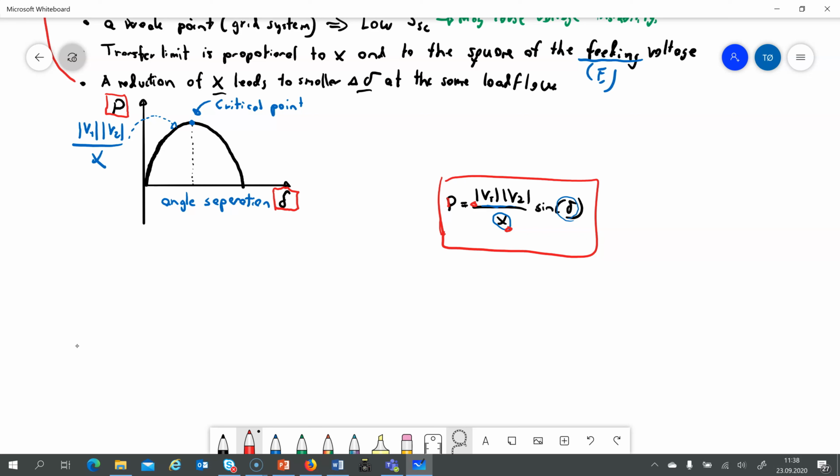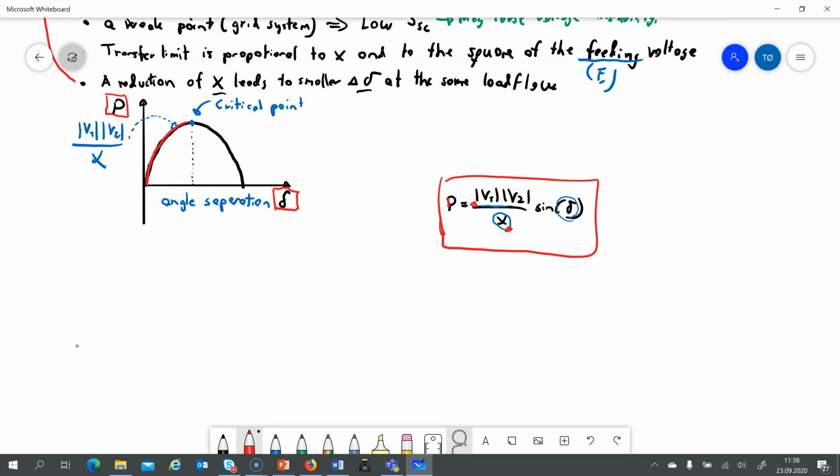One is that this is a critical point on the top, and on the left hand side here we have the stable region, or the region that we can work on. So this part here will be the part that is actually feasible to operate on until 90 degrees.